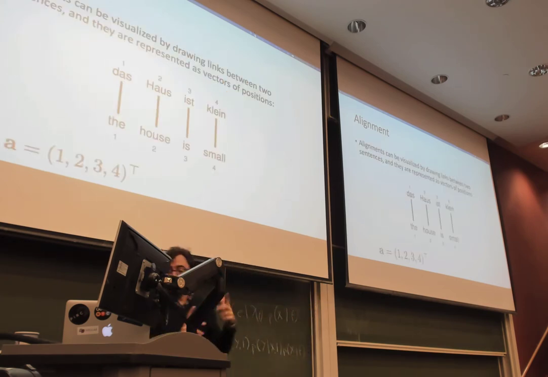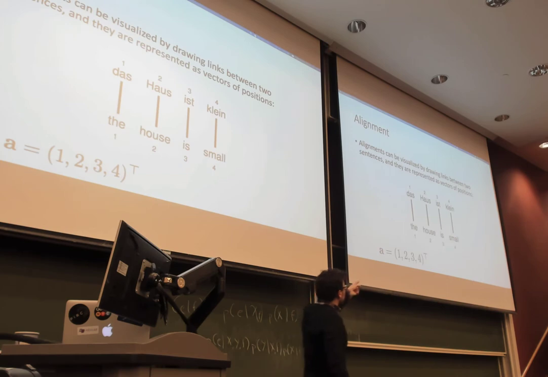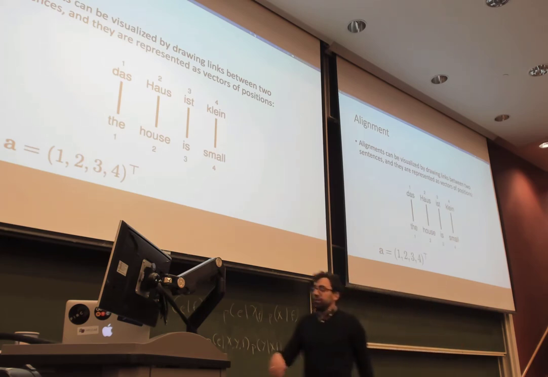So alignments, you can think of them as really just links between the source and the target. And the alignment for this assignment, where it is really the correct one, is also 1 to 1, and it's also monotone. So the alignment at position 1 is source word 1. The alignment at position 2 is source word 2. That's how you would visualize it.